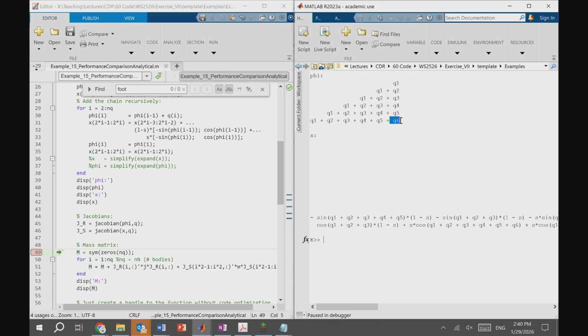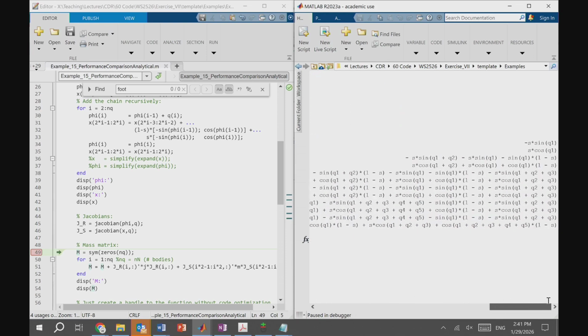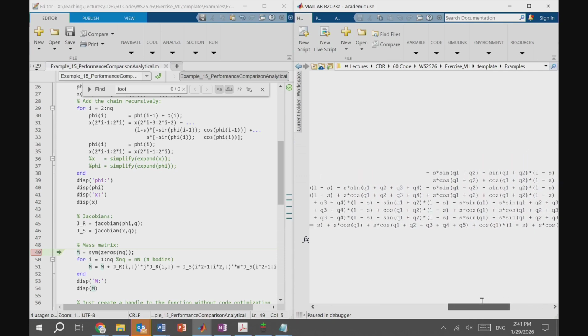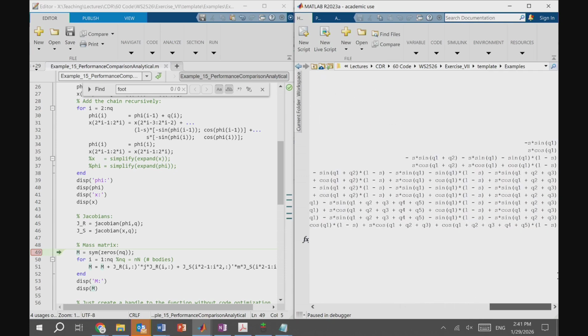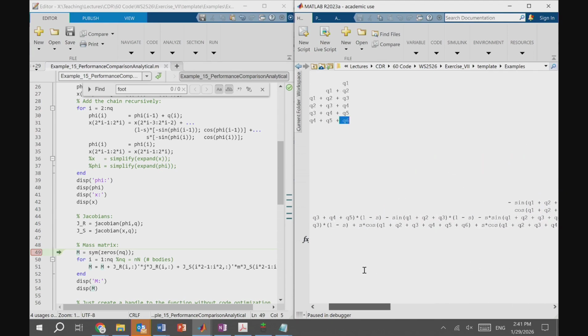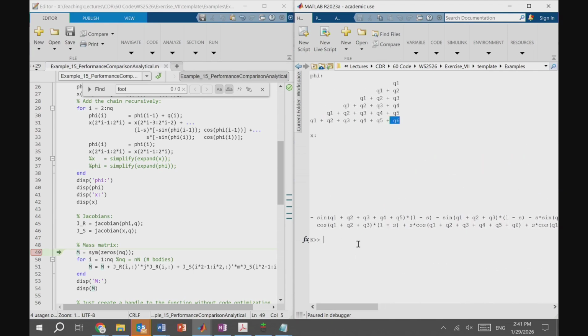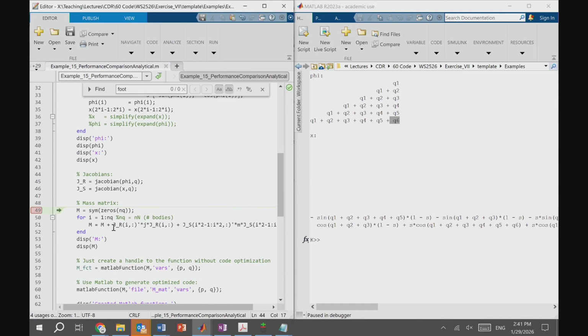So there is this recursive nature, just the way we think about kinematic trees. And then you see this triangular structure also if you look into positions. Stuff that is closer to the root is simple, and stuff that's further away from the root gets very complicated. It's not scientific, but I'm just trying to illustrate things here.